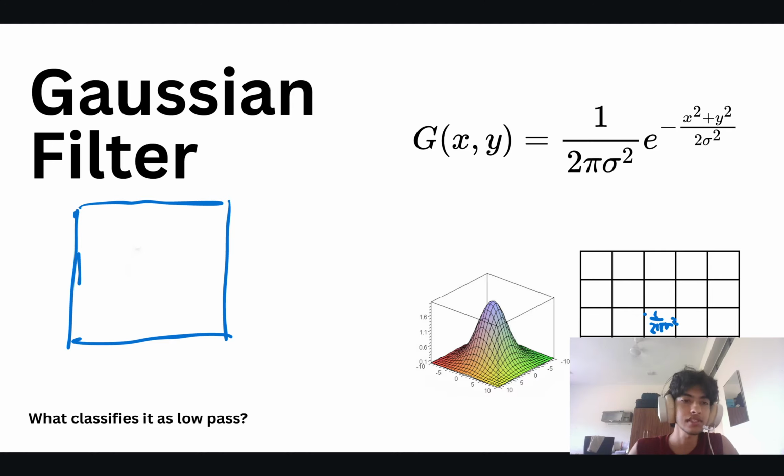What happens is your overall pixels get brightened up, and that is not fair, is it? Because we don't want to change the lighting of the image. We just want to get whatever was present. So we should expect to get the same image back. And this is why the area of this has to be 1, to keep the energy of the image the same.